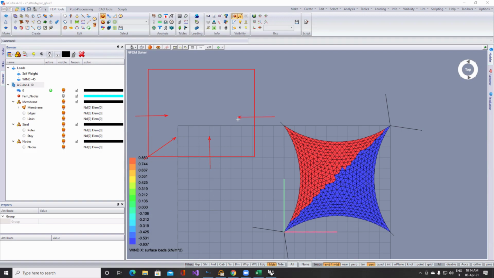Okay. Now, one of these arrows can be the wind input that we define.